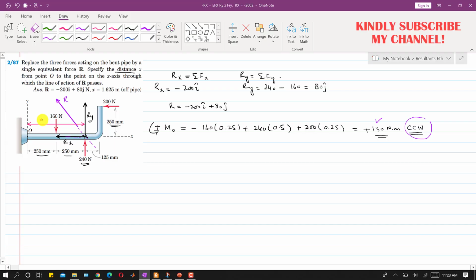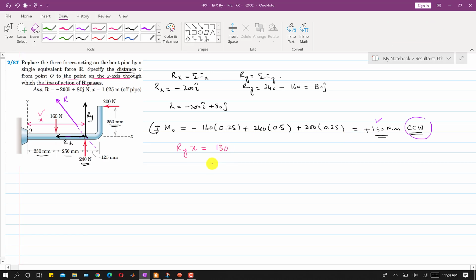Let's say this is the distance x, the distance from the origin along the x direction. In this problem it is said to specify the distance x from point O to the point on the x-axis through which the line of action of the resultant passes, so it was required to find this x distance. Ry into x, where x is the moment arm of Ry, must be equal to this 130 Newton meter.